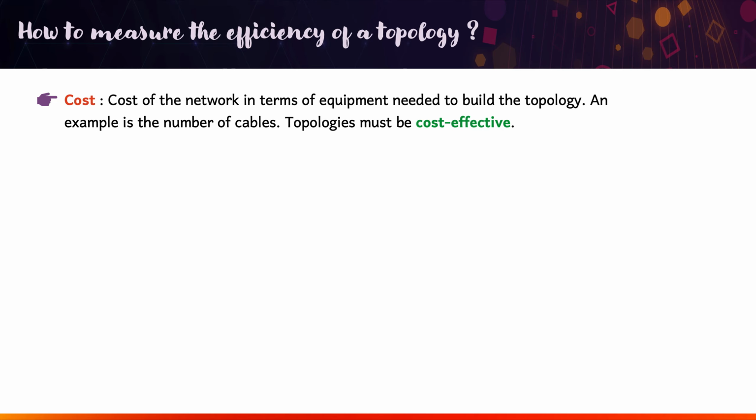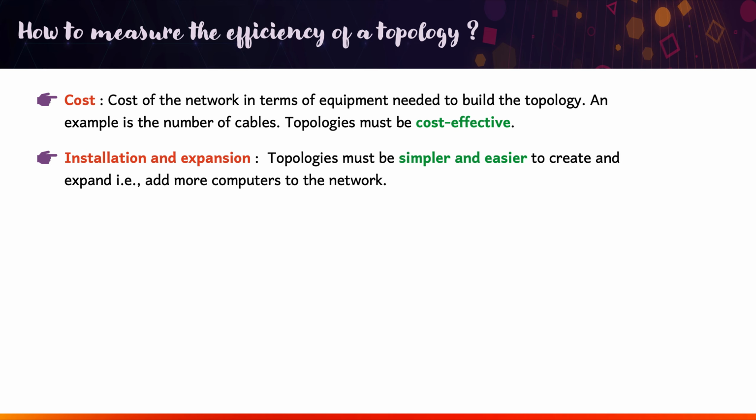So the cost that a particular topology brings is essentially the cost of various equipment or cables needed to frame the topology. In most cases, this will essentially be the number of wires or cables that need to be purchased. And obviously, we want the topologies to be cost effective.